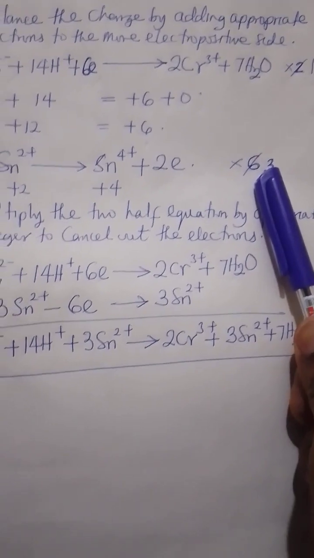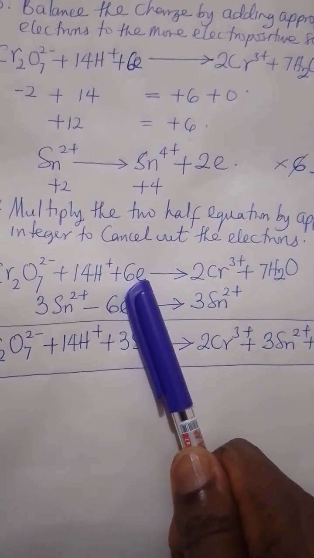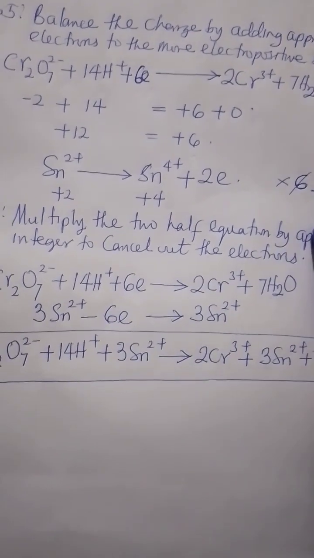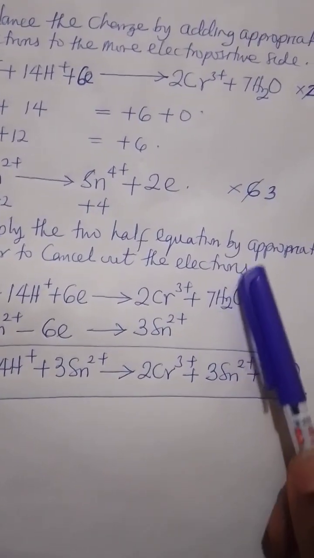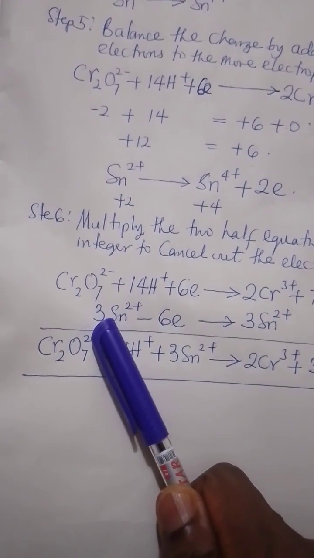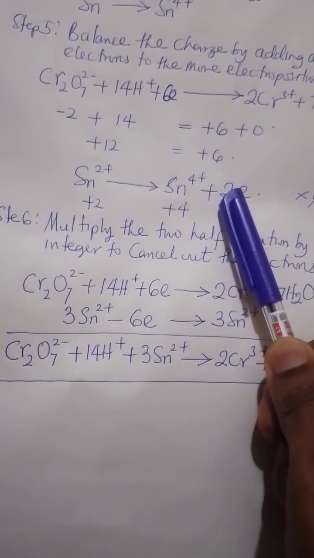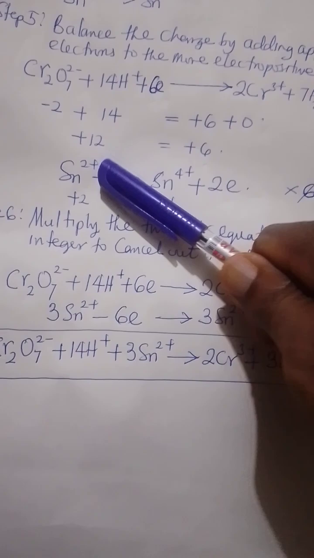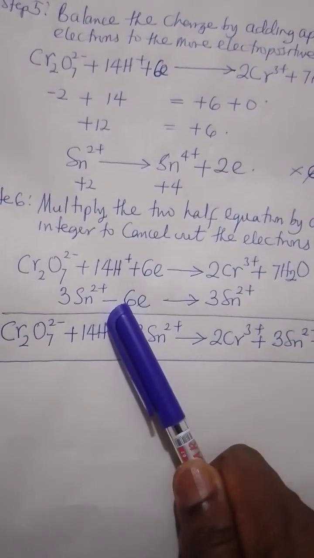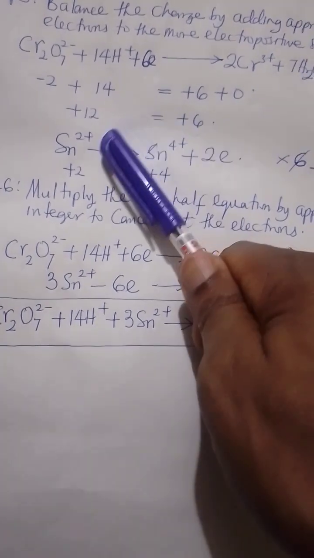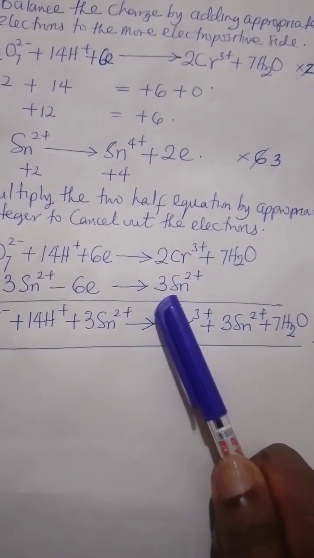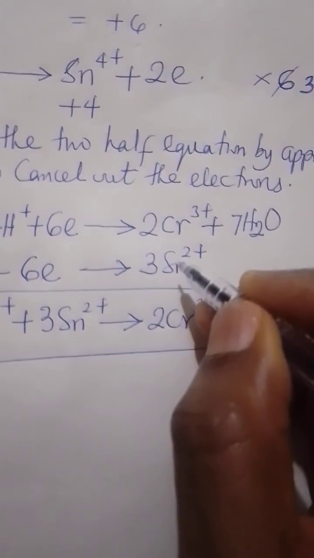Then when we come to this side, I want you to look at the electron is on this side, so we have to transfer the electron to the other side after multiplication. So let's take it gradually. 3 times Sn2+ gives 3Sn2+. 3 times 2 electrons, that's minus 6 electrons by the time you transfer to the other side. And then 3 times Sn4+ gives 3Sn4+.